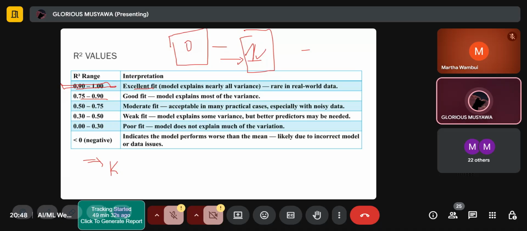Kaggle is a platform for data scientists. You'll find a lot of data sets, a lot of projects going on, a lot of hackathons. It also has some resources. You even find projects that are already done, where people have their code repositories public.